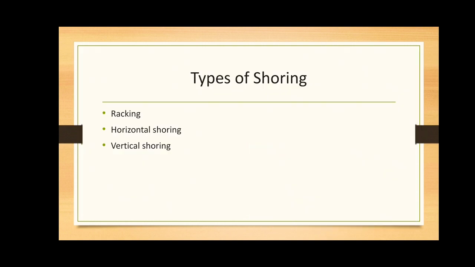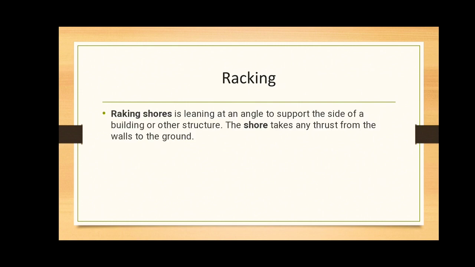There are three types of shoring: racking, horizontal shoring, and vertical shoring. First, we would like to discuss racking. Racking shores are actually the leaning of a shore or support at an angle to support a side of a building or other structure.